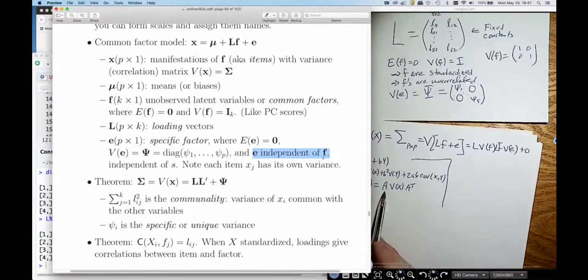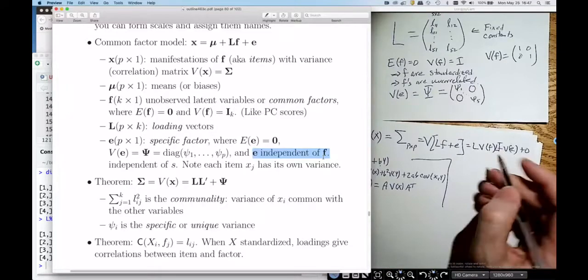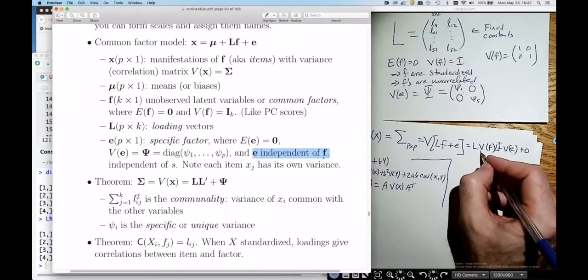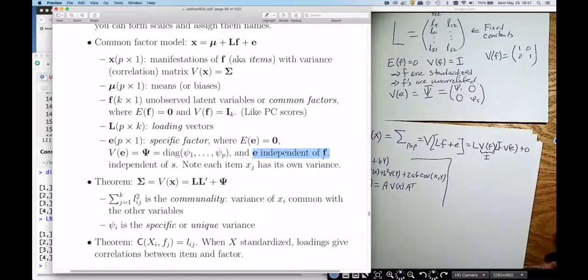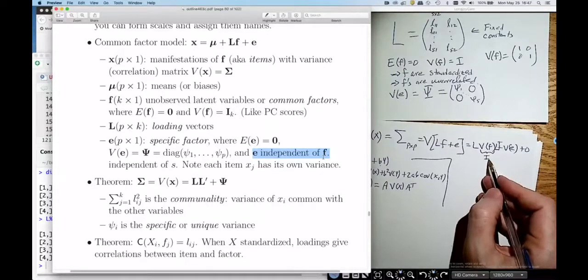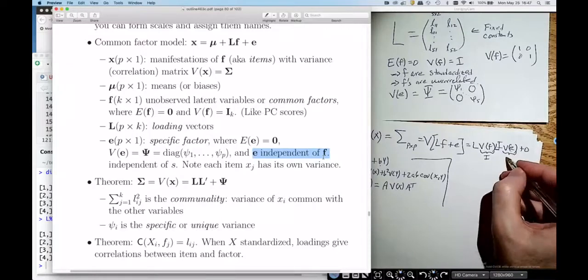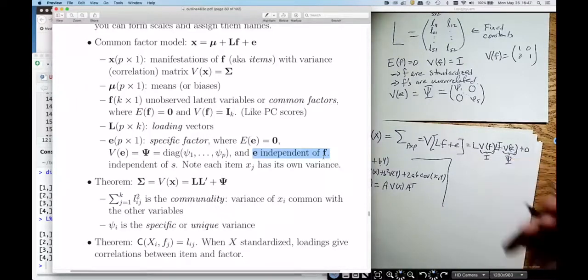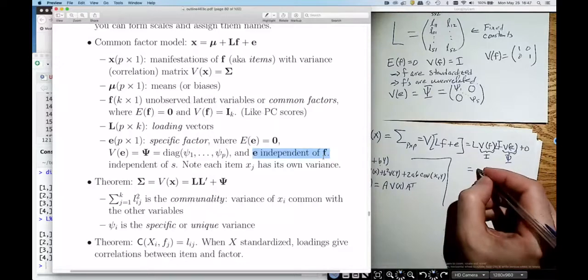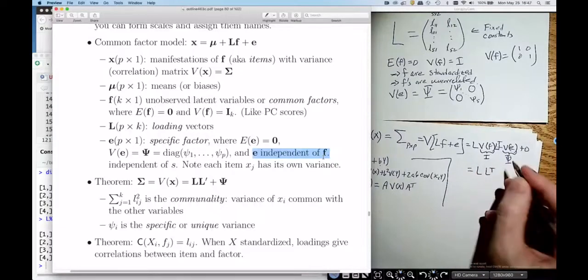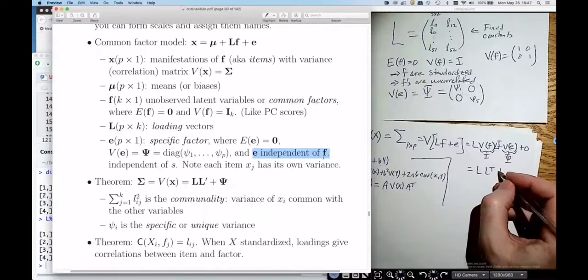So when you take A out, it has to be squared. So let's simplify this. That is I. And what are the variances of these errors? Well, that's my capital psi matrix. So what we're left with is L times L transpose plus psi.